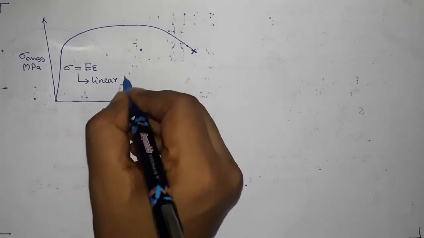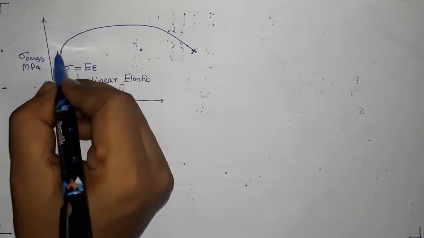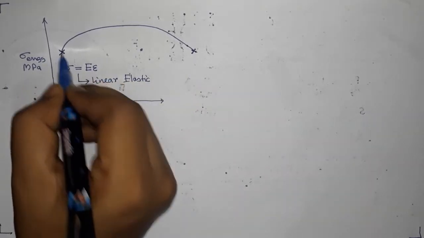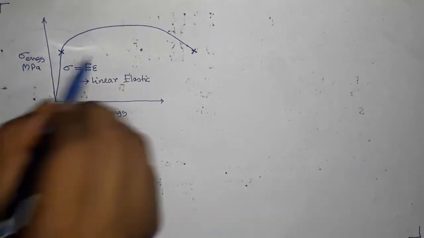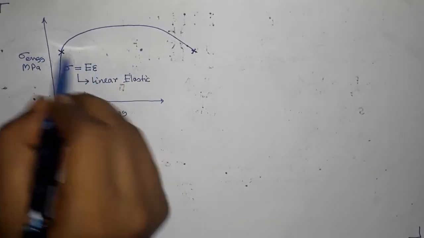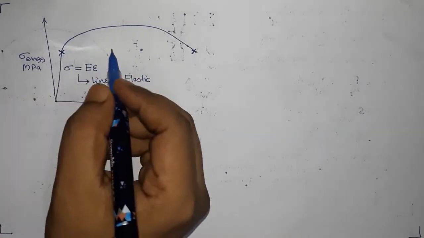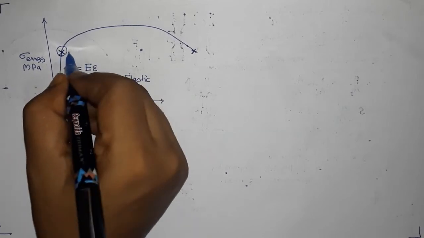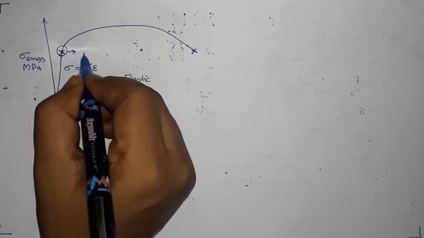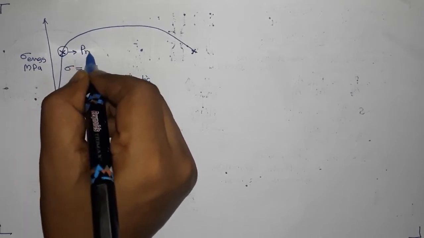This part is the linear elastic part, which stops here. That point is not clear where it stops, but let's assume that it stops somewhere here, and then non-linearity starts, right? So this point should be called the starting of non-linearity. So this point is called proportional limit.